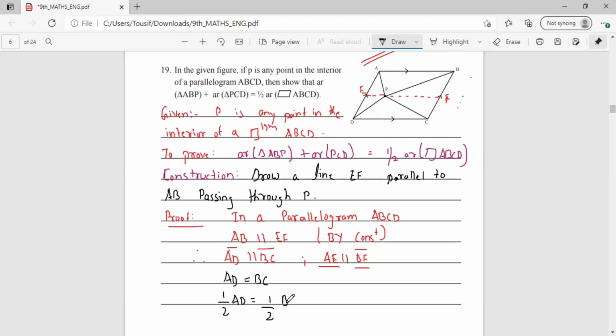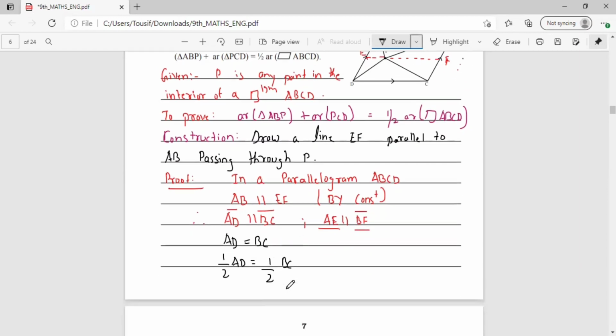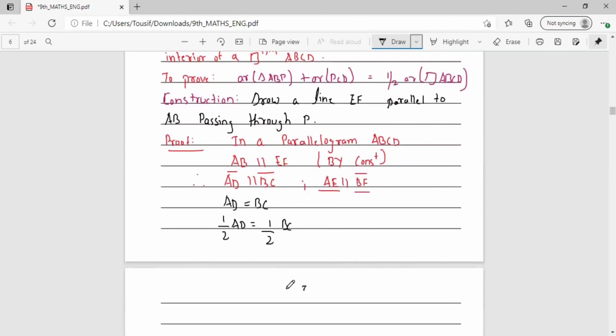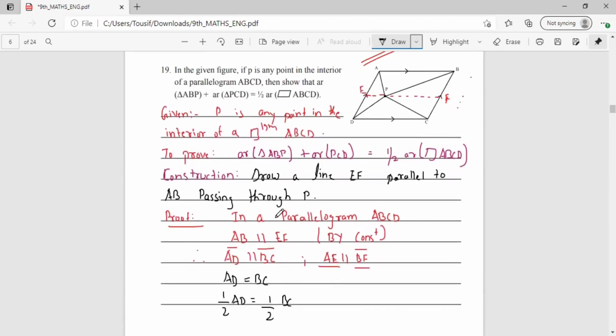Now, this is a full line, this is the whole line that is our AD. Half of AD will be your AE, right? So in place of half of AD, we're going to write AE. And in place of half of BC, we're going to write BF.